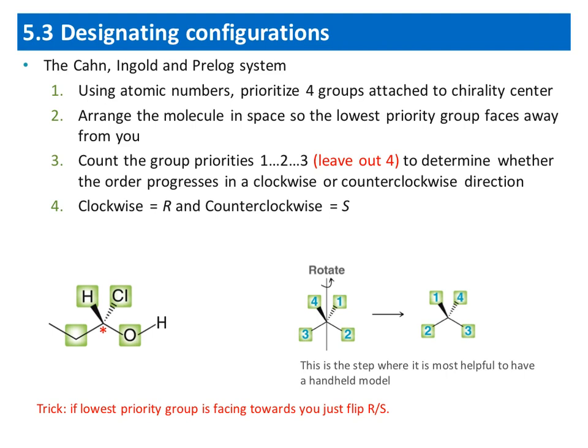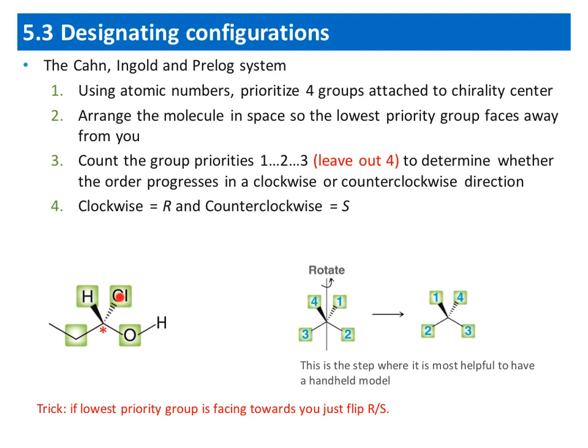There are a few rules that we need to follow. The first one is that we use the atomic number to prioritize the groups connected to the chiral center. We know that the atomic number increases from left to right and from top to bottom in the periodic table. So you can use this trend to prioritize the atoms connected to the chiral center. If you look at the example below, this is a chiral center.